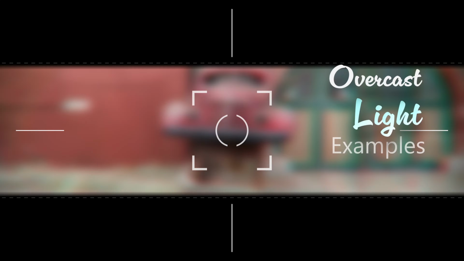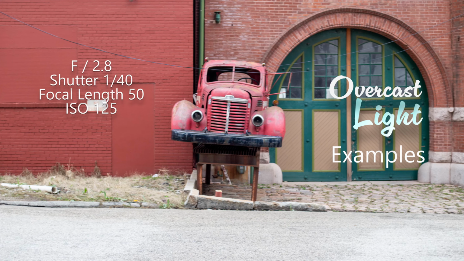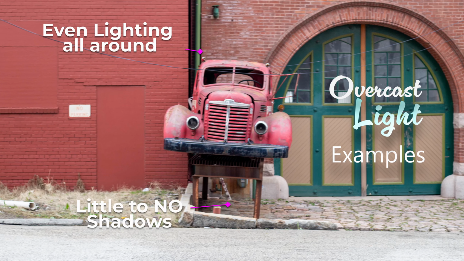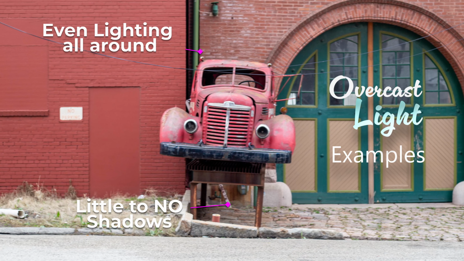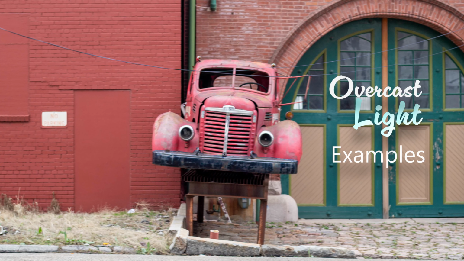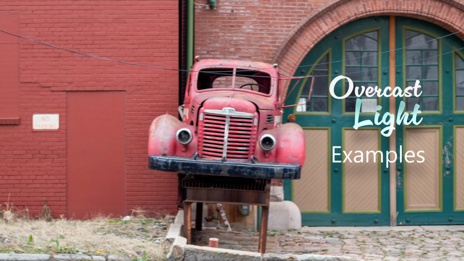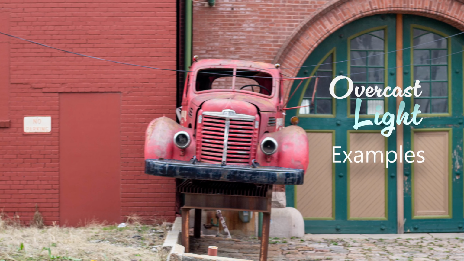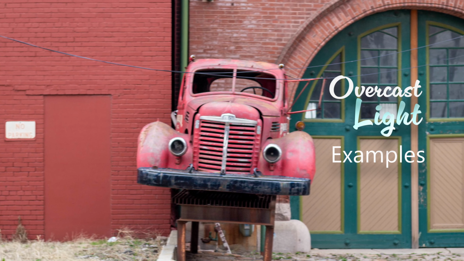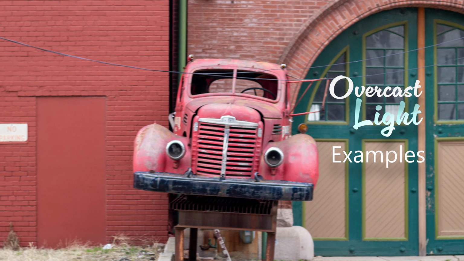It's kind of cool. So when I was looking for pictures for overcast, I found this one. I actually have this framed inside of my home. I have no idea why I shot this at such a slow shutter speed. However, you can see the overcast light is just bathing everything, and there's almost no shadows underneath the old-timey car there.